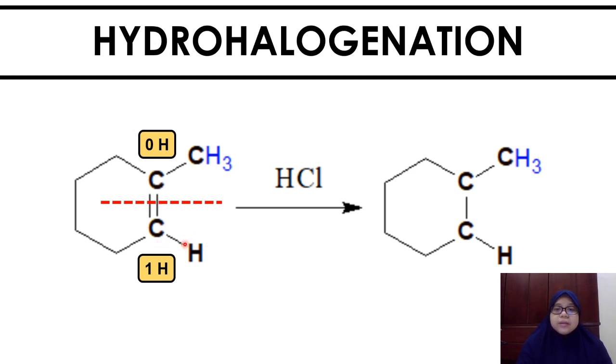When we expand this structure, we will see the number of hydrogens attached. So this carbon is attached to 1 hydrogen. So our hydrogen from HCl will bond with the carbon at the bottom. The hydrogen will be attached here, and then our chlorine will attach to the carbon above.